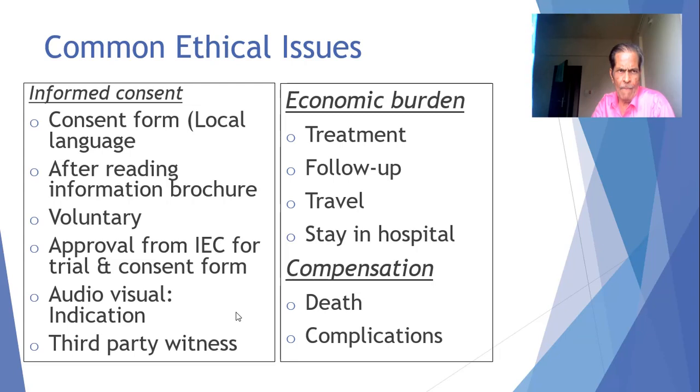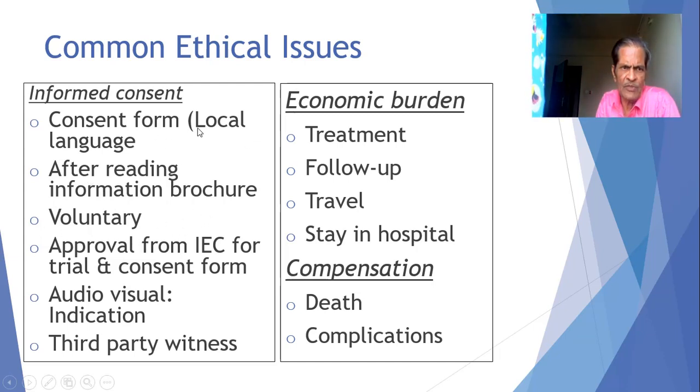The participant should be given the information brochure, which in short explains the objectives of the study in local language. The consent form should mention that the participant agrees that the information brochure was given to him or her, and he or she has read it and has voluntarily accepted to participate in the study.